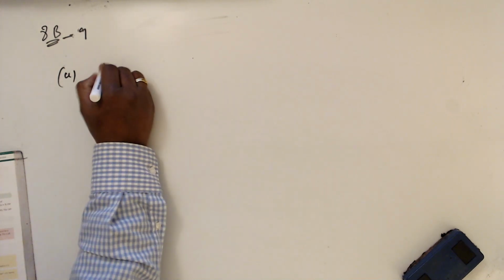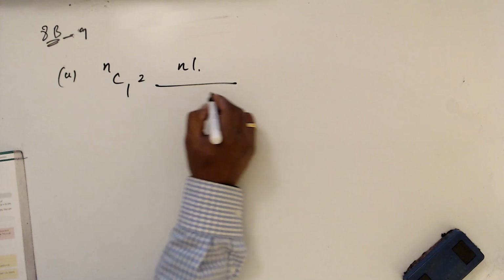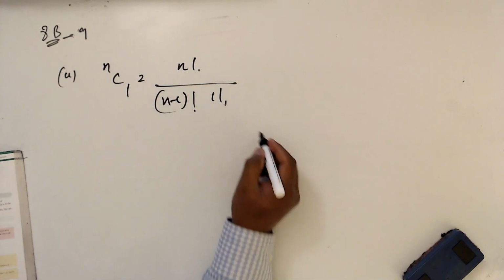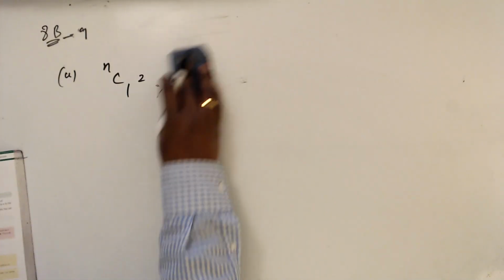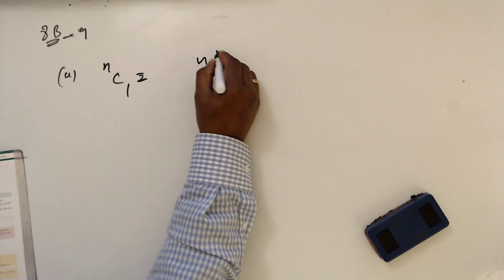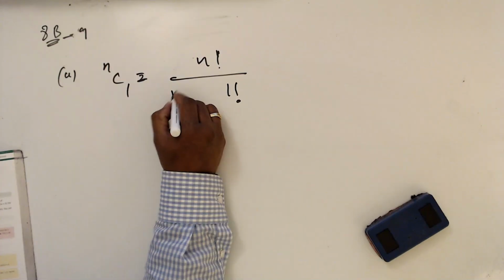Question 9a. NC1 is factorial n over factorial 1 and factorial n minus 1. We need to find NC1. It is very simple. As usual, we write n and 1 and the difference n minus 1.